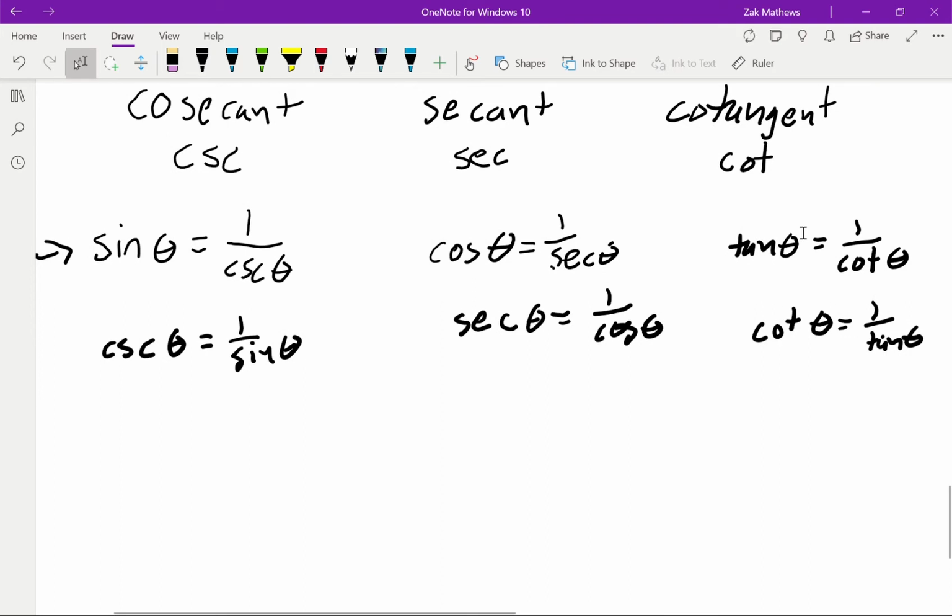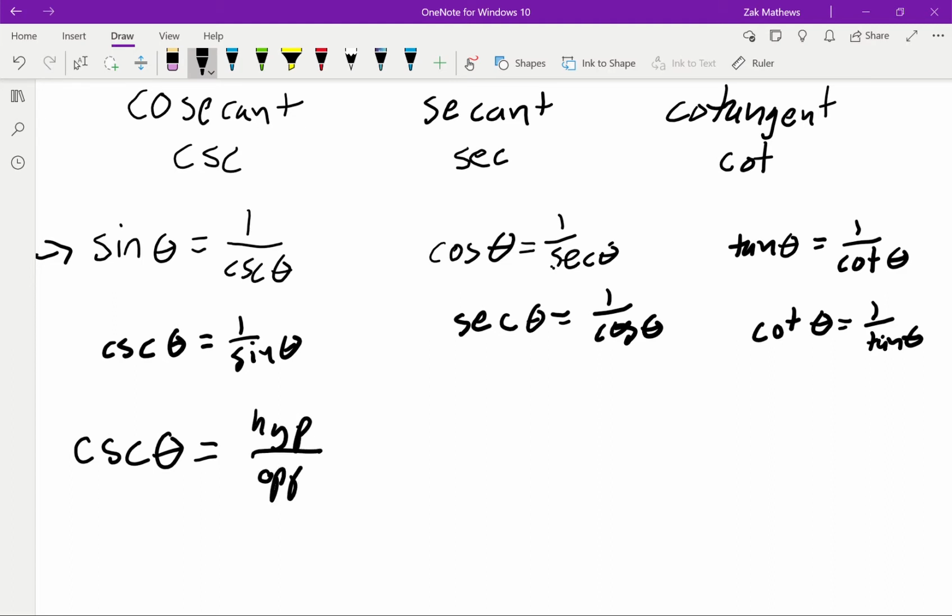So again, if we think about sine we defined as the opposite over the hypotenuse, we can define the cosecant function as the hypotenuse over the opposite. So we can think about these reciprocals in terms of either its reciprocal partner, sine, cosine, or tangent, or in terms of the ratio of sides, because these are still trigonometric functions. They still are taking an angle to a ratio of sides.